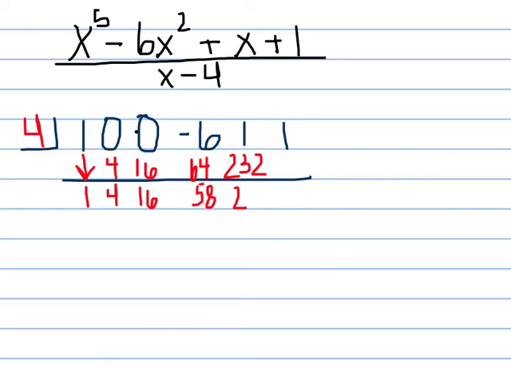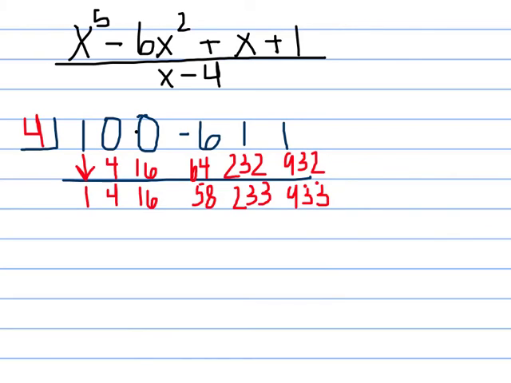So that's 233. And then 4 times 233 is 932. 1 plus 932 is 933.